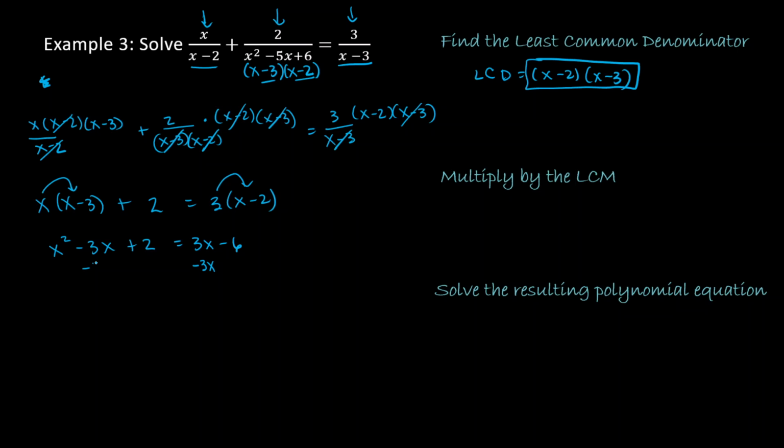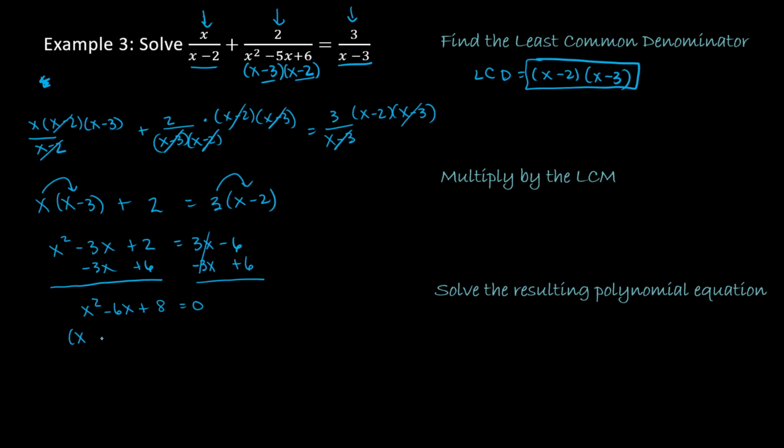So I'm going to subtract 3x. And I'm going to add the 6. This is a quadratic equation. So if we remember from that video, we needed to get it equal to 0. Once it's equal to 0, I can factor it, use the quadratic formula, or even complete the square.